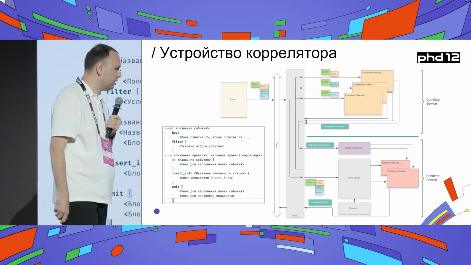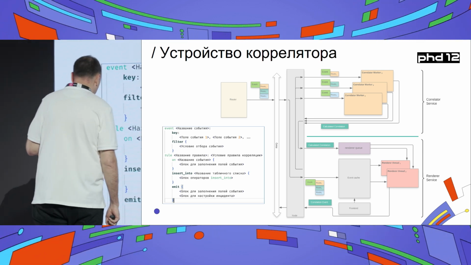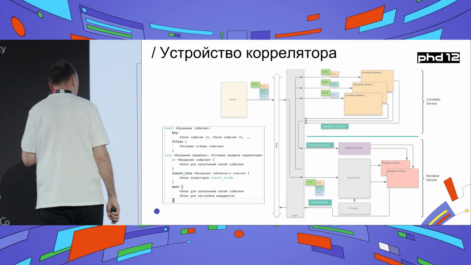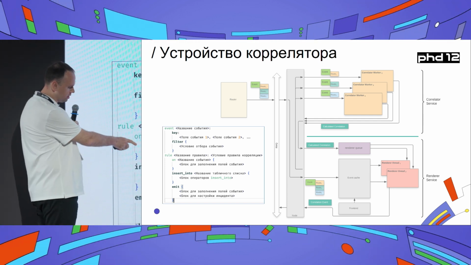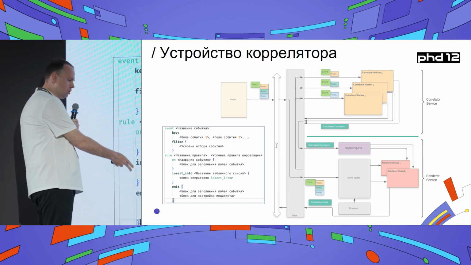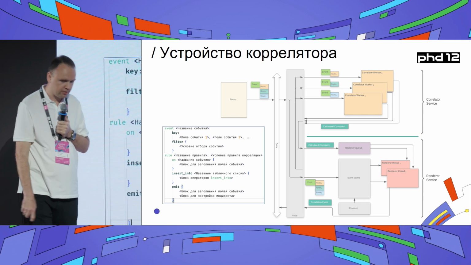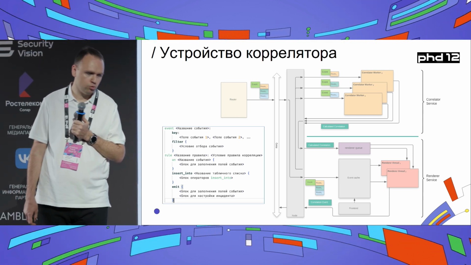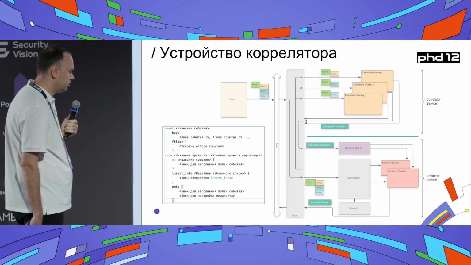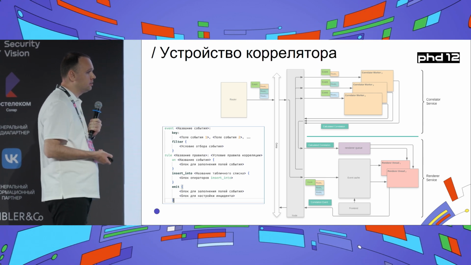When the chain has been built, it goes into the renderer, and the output correlation rule is formed. And there's a description of what data has to be taken from the event, what data has to be put into the table-based list, and what information has to be included into the alert to be sent to the business system.